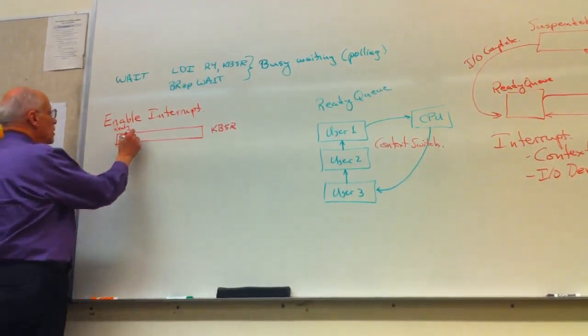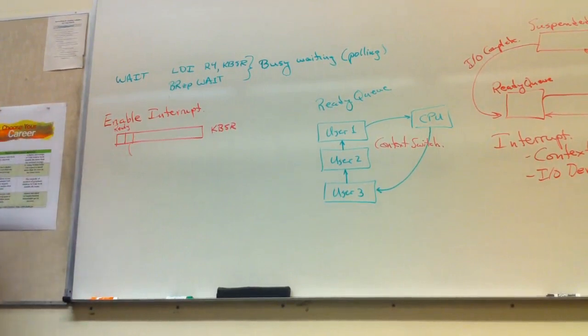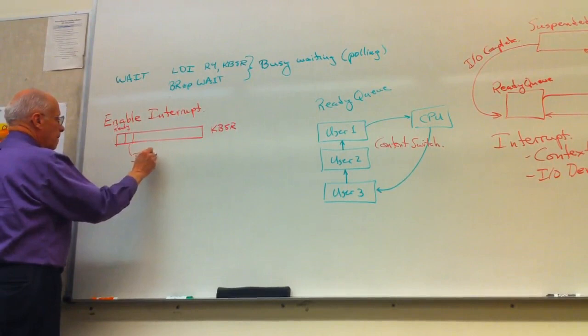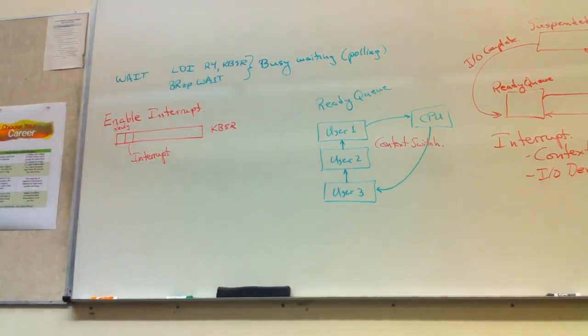Now we'll say that typically the next bit down, when you get away from bit 15, one bit is just as easy to work with as another one.